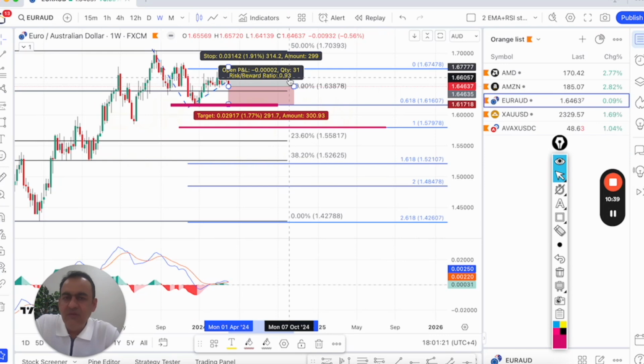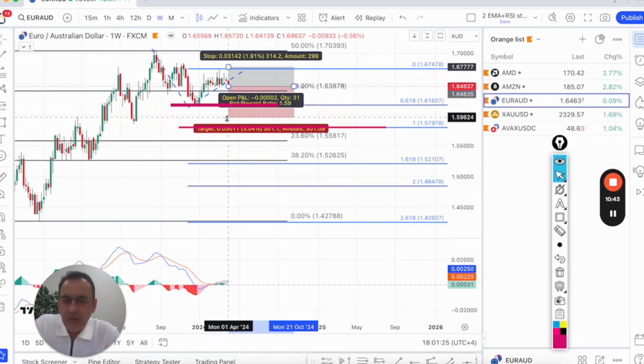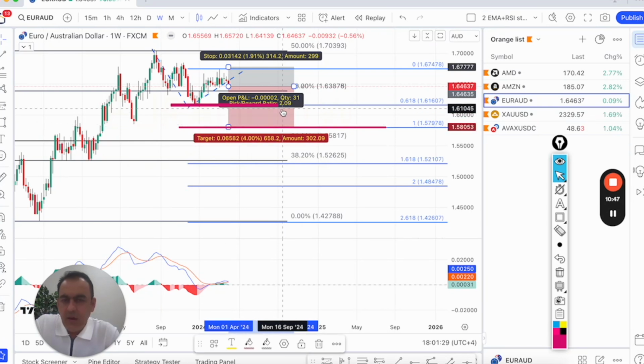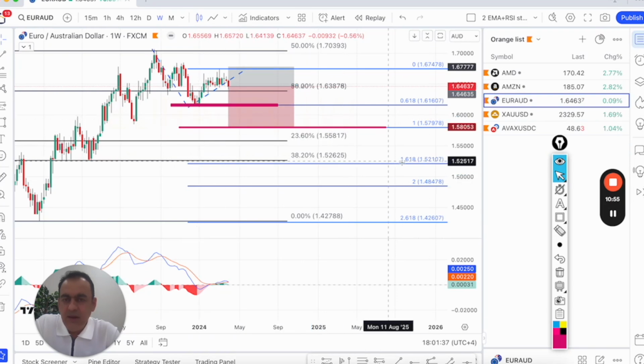I'll be making just 0.9 times my risk. If we take it to the next fib extension level, then it is amazing, and the risk and reward is favorable. I'll be risking 1%, but making 2 times. So this is the plan based on the higher time frame, that is daily.